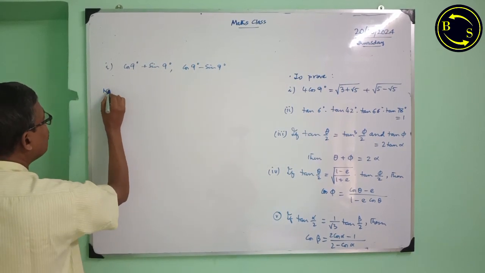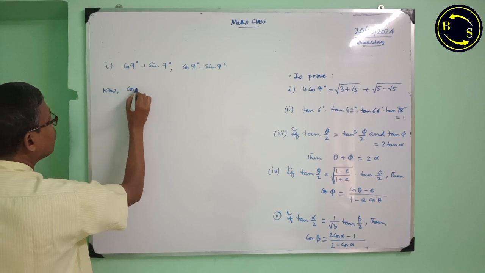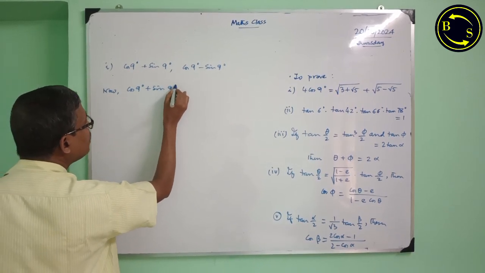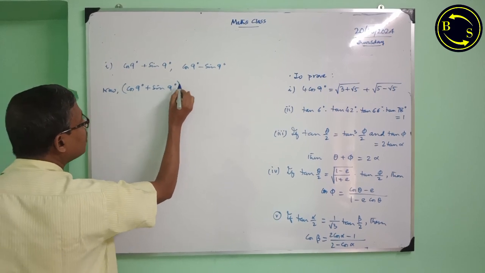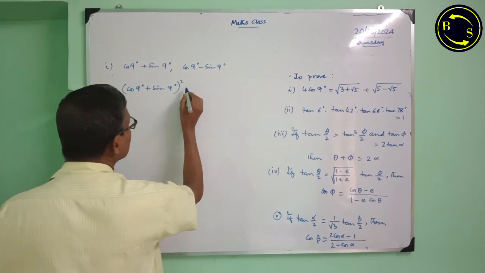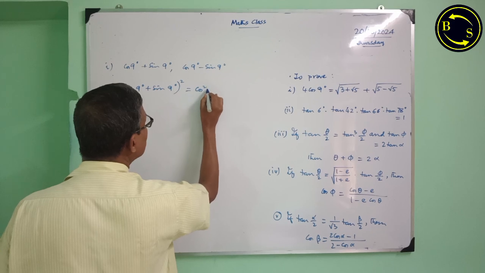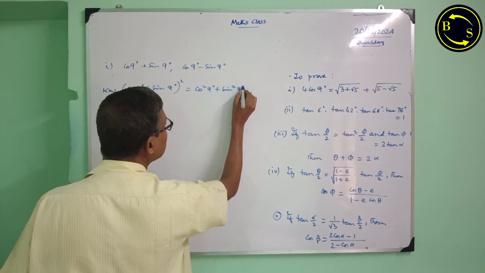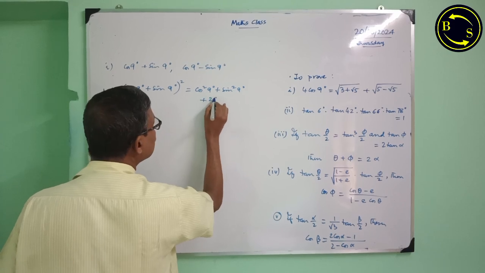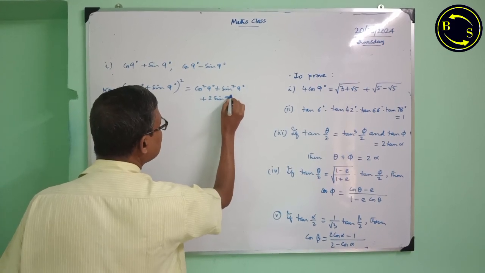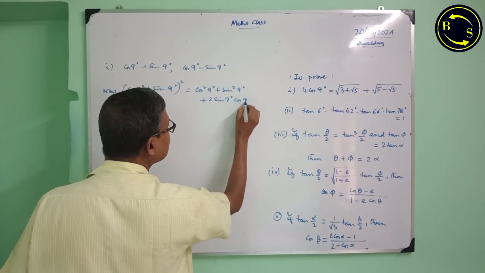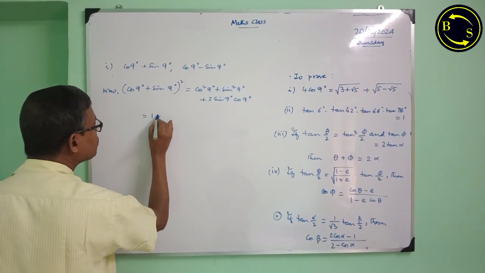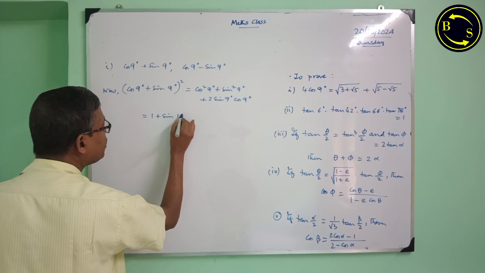Now cos 9 degree plus sin 9 degree whole square is equal to cos square 9 degree plus sin square 9 degree plus 2 sin 9 degree cos 9 degree, that means 1 plus sin 18 degree.